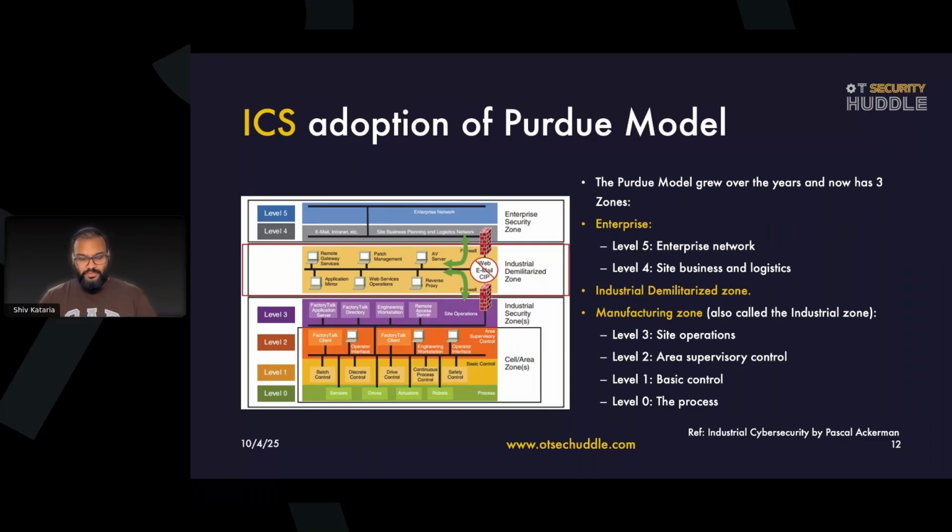So it gives a perspective on how these devices are connected and how they will be trying to connect to the external world. Whatever is below the DMZ is generally the area of OT, and whatever is above the DMZ is generally the responsibility of the IT teams or the IT applications like your ERPs, your email server, and so forth.